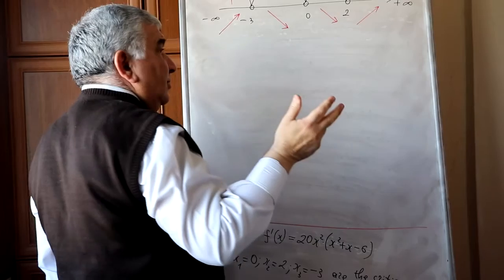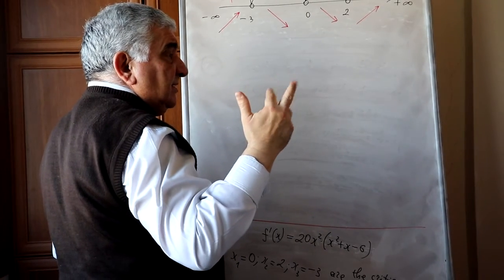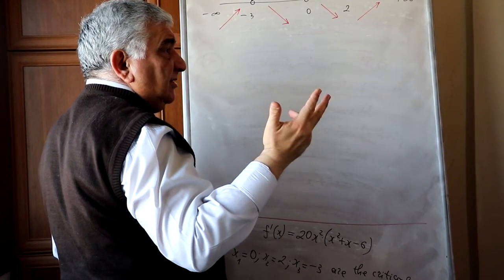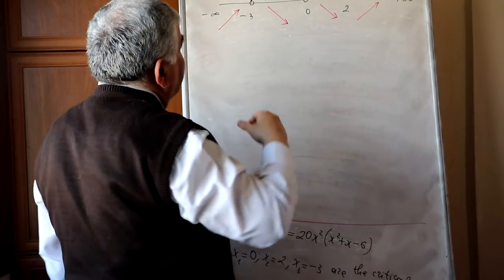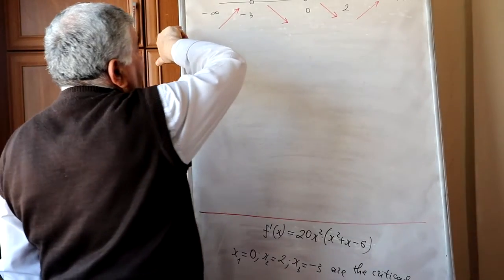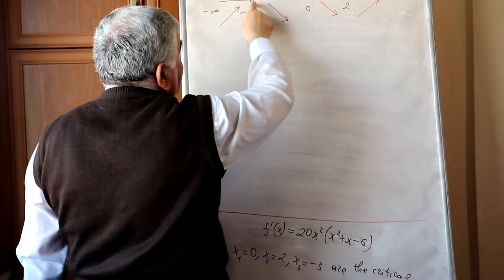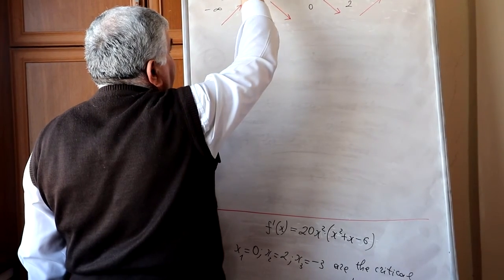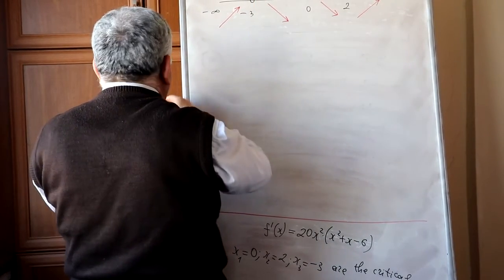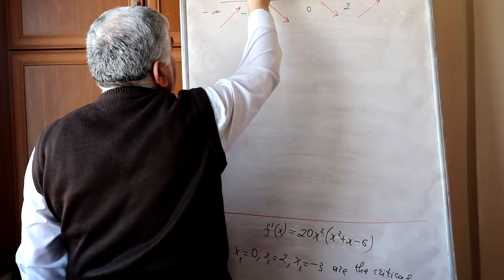According to the sufficient condition of the maximum and minimum existence, if in passing through a critical point from the left to the right the sign of derivative is changed from plus to minus, then this critical point is the maximum point.